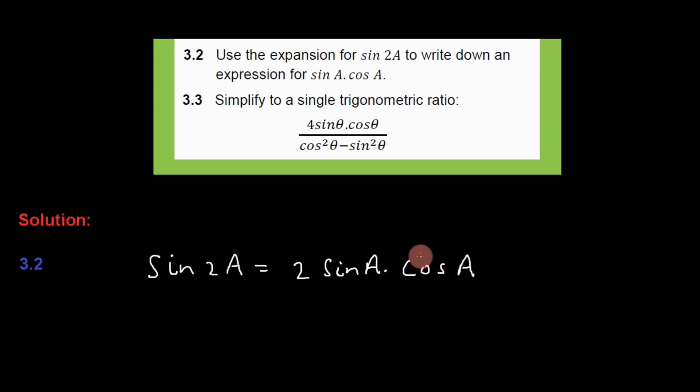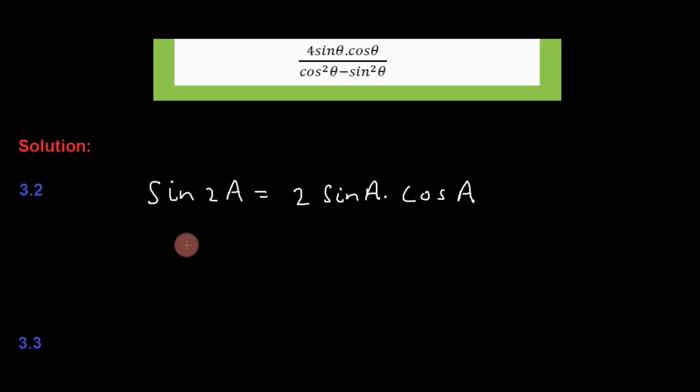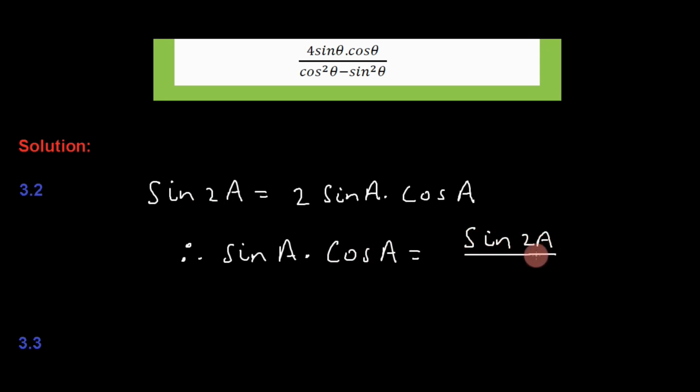And we want an expression for the sine of A times the cos of A. So we merely divide the 2 into the left-hand side over here. So then the sine of A times the cos of A is equal to the sine of 2A divided by 2.